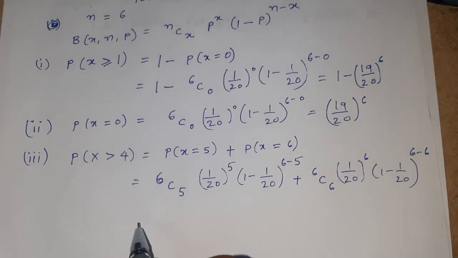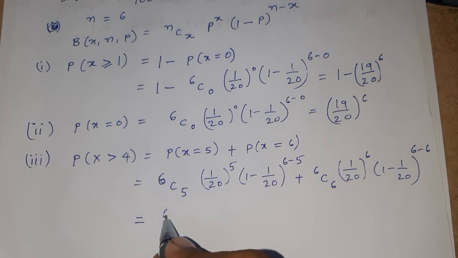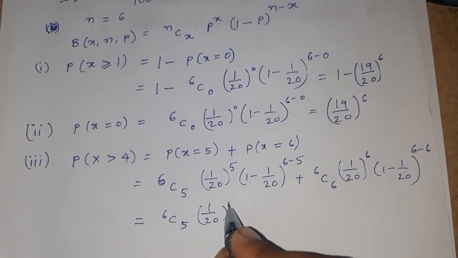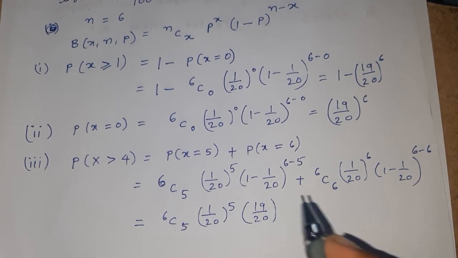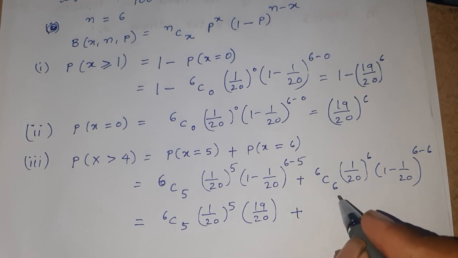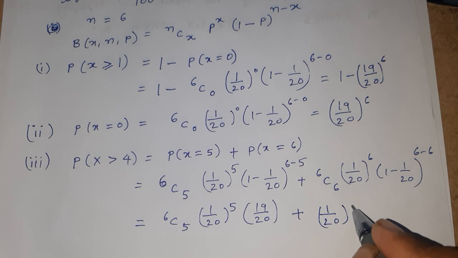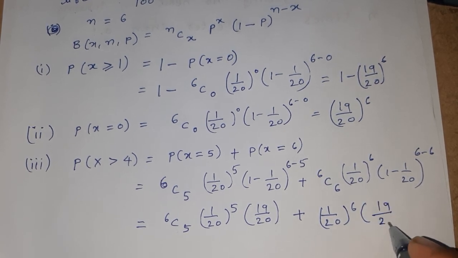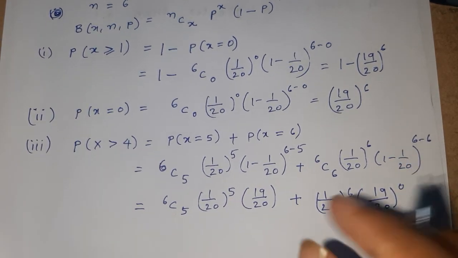That is 6C5 (1 by 20) to the power 5 (19 by 20) to the power 1, plus 6C6, which is 1, (1 by 20) to the power 6 times (19 by 20) to the power 0, which is 1.